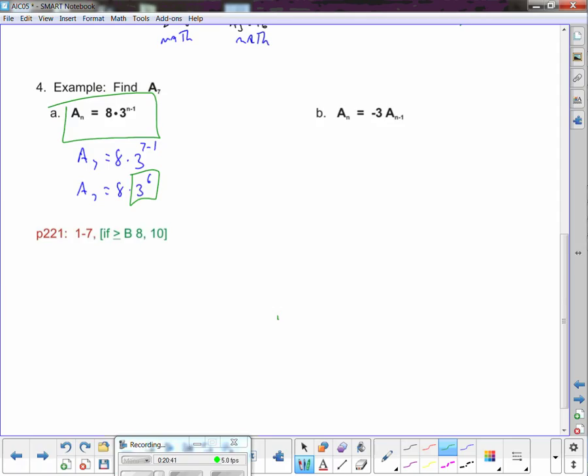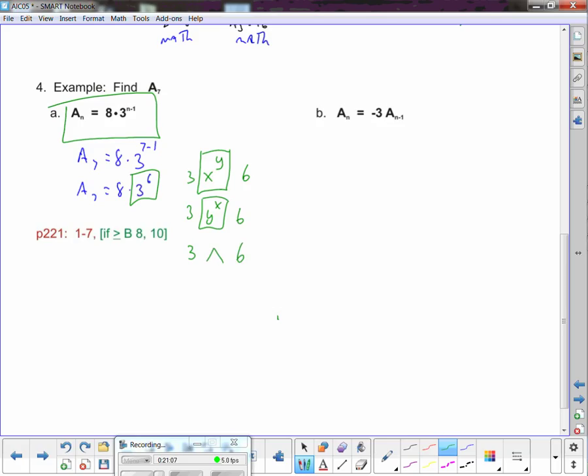So you punch in the base, 3. You're going to have probably one of these 3 buttons. You might have an X to the Y button, so you would punch in 3, X to the Y button, and then the 6. You might have a Y to the X button, in which case you would punch in 3, Y to the X, and then 6. Or you might have a caret button, which looks like that.